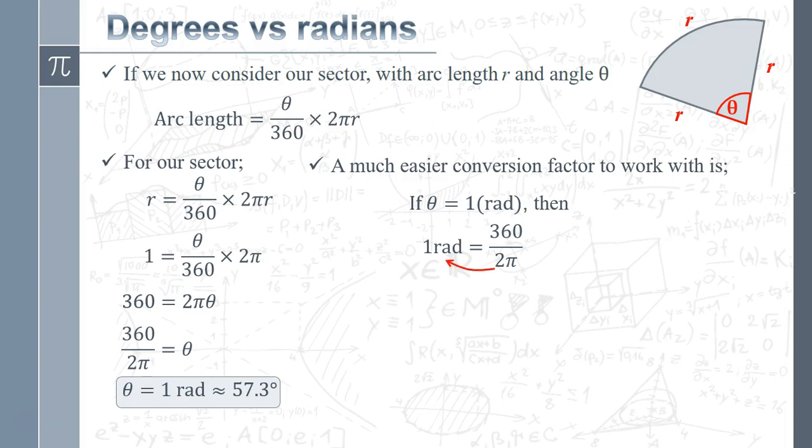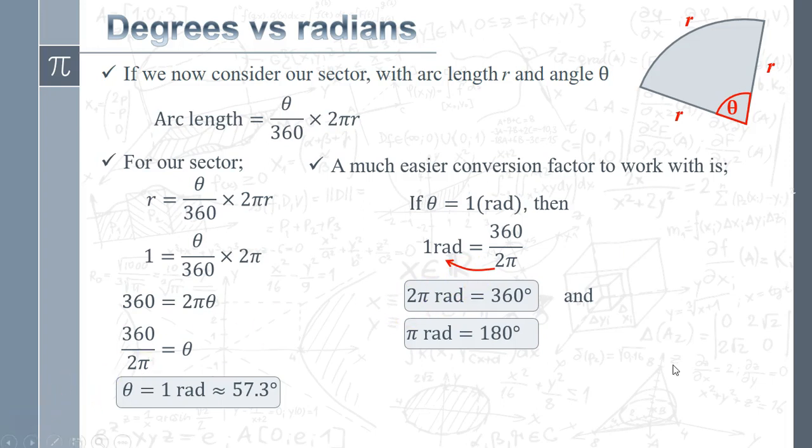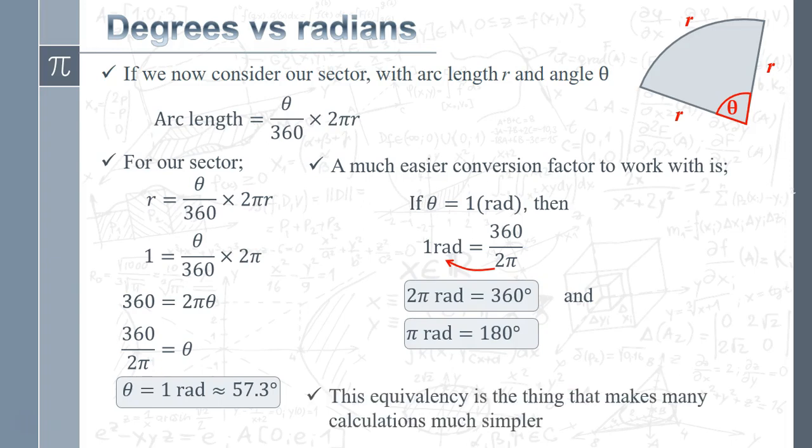If I do a bit of moving around, that means that 2 pi radians is the same as 360 degrees, and that's the matchup that's easy to work with. The next step from there is to say that pi radians is 180 degrees. So if you remember those two in particular, then everything else follows on from there. And that link-up between pi radians being 180 and 2 pi radians being 360 makes life a whole lot easier later on.